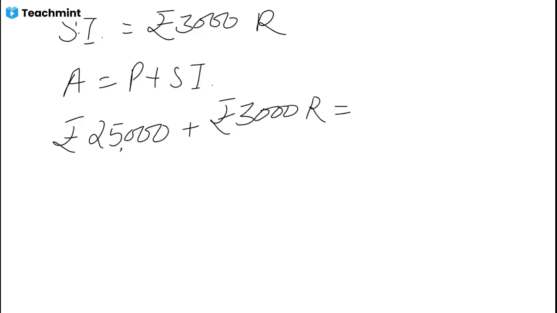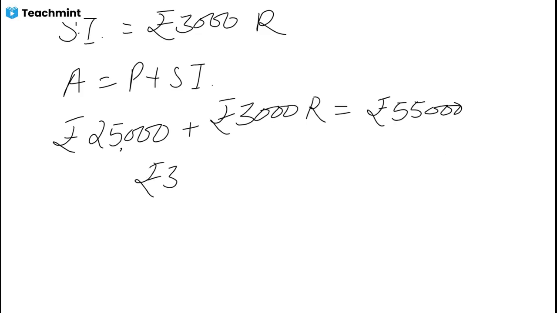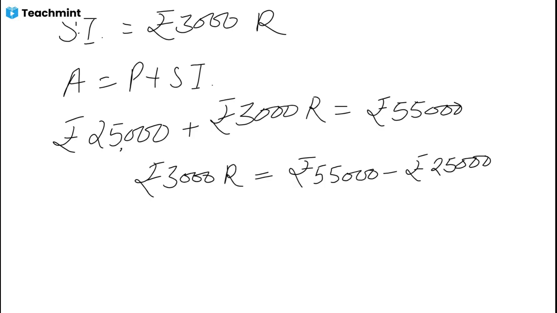R is equal to rupees 55,000. We need to find this unknown R. So just subtract this value from the 55. So rupees 3,000 R is equal to rupees 55,000 minus rupees 25,000. Are you getting this step?